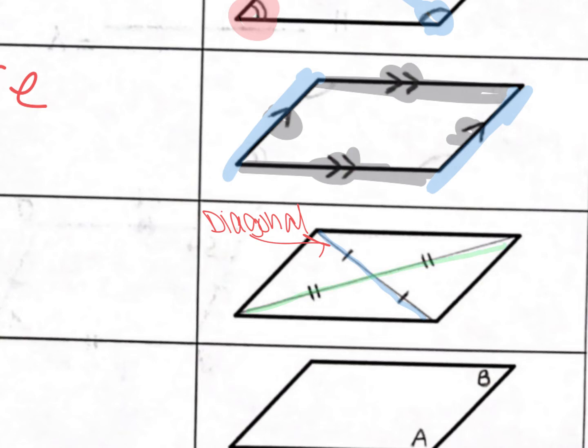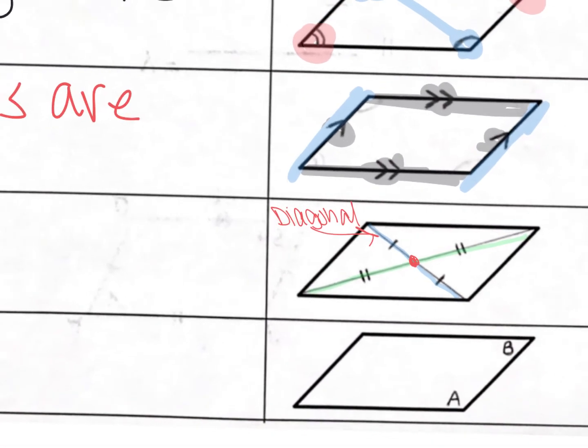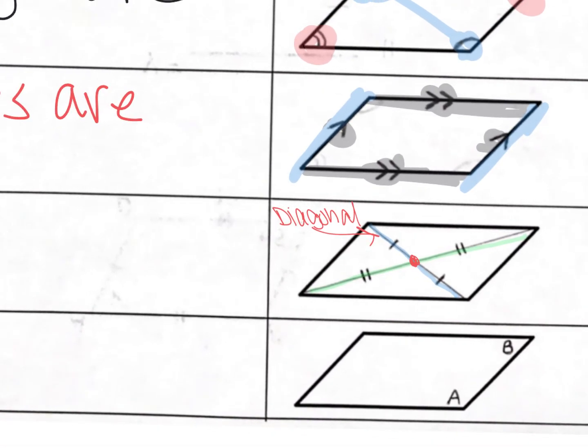They intersect at this point here in the middle, and they make 2 parts that are equal to each other. My blue diagonal is split into 2 equal parts, this yellow and this yellow. Those are equal to each other, and we also have the 2 tick marks here.